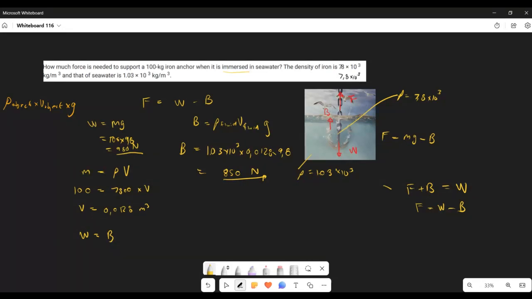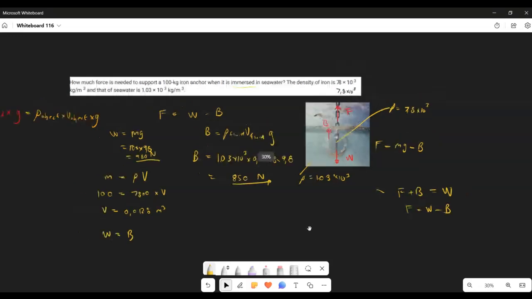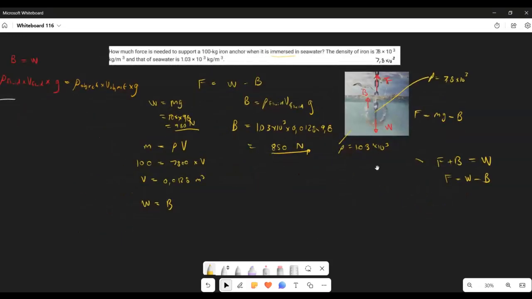So it's the same setup as the previous one. But before I put this problem, this is the essential analysis you're going to have to do: there are two cases, when an object is totally submerged and when it is a floating object. It's in your textbook, so I want you to just be aware.